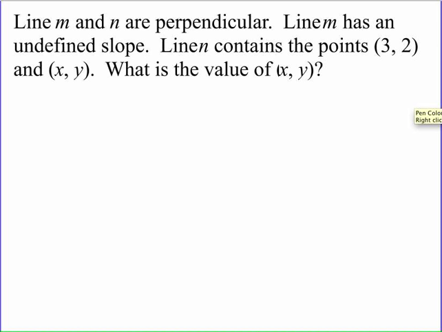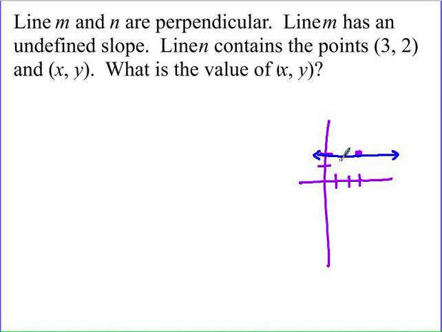So line M is vertical, which means line N has to be a horizontal line. You've got the point (3, 2), and it has to be a horizontal line.